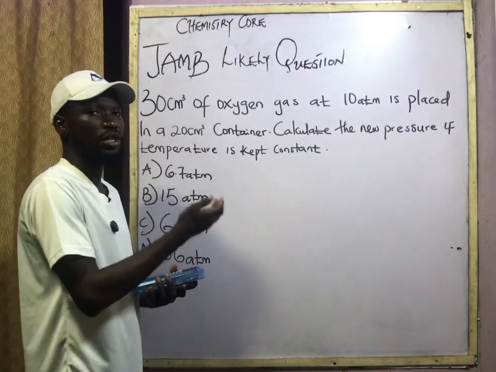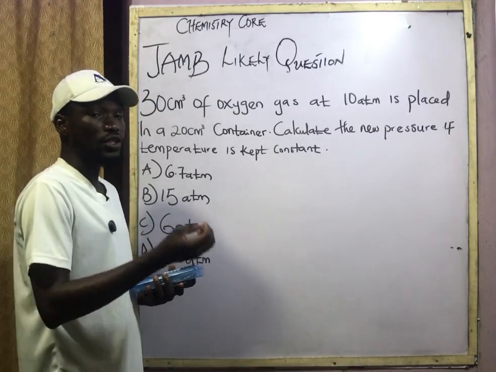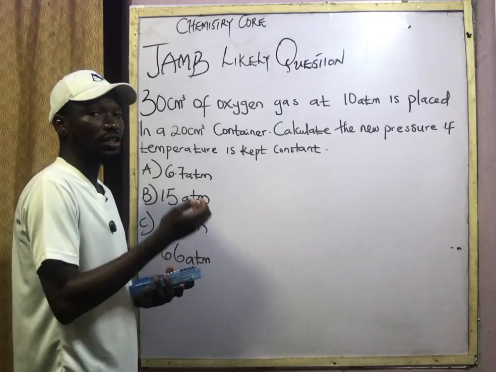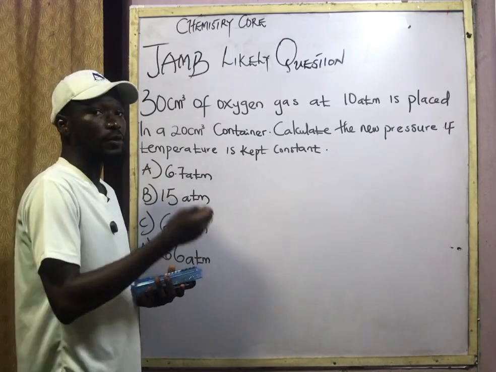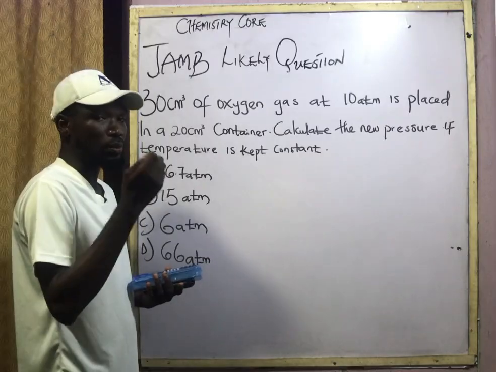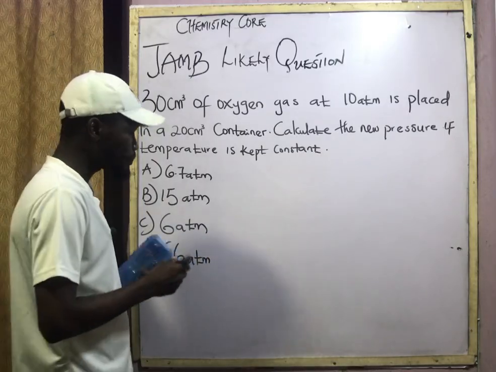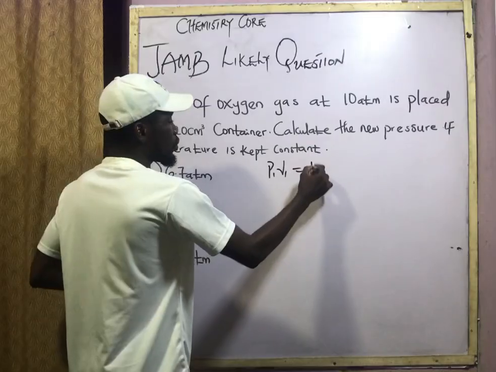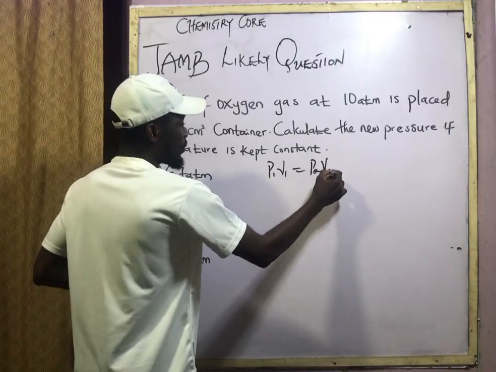According to Boyle's law, don't forget that when temperature is constant, the volume is inversely proportional to the pressure. That is, we have P1 V1 equals P2 V2.